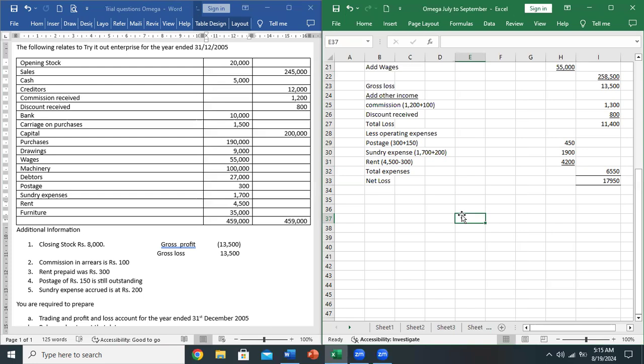First thing, the sundry expense, I didn't add the 200. Okay. So this is for you to note that you always have to check your additional information. If some of the expenses are having outstandings or arrears or owings, you add. And if it has been prepaid, you less.